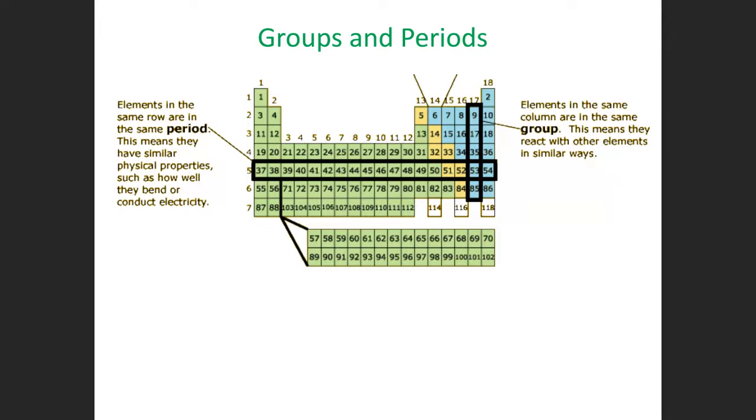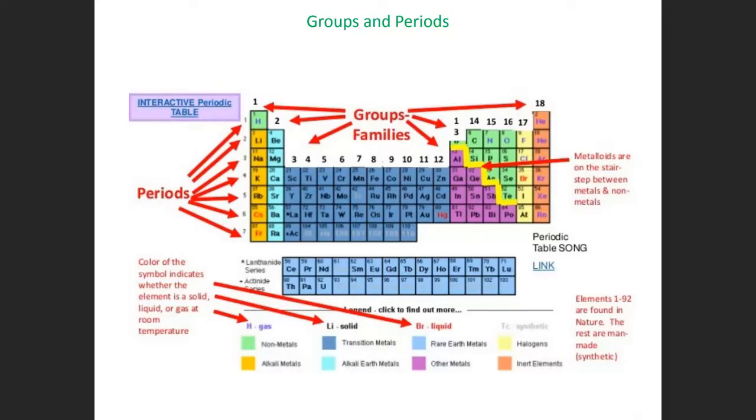So if we think about these things, we can see how these different elements are arranged in the periodic table. I don't want to talk too much about this because I know most of you know this. So review the slides that I didn't go over, and if you have questions, you can contact me or ask in class, and we'll try to get them answered.